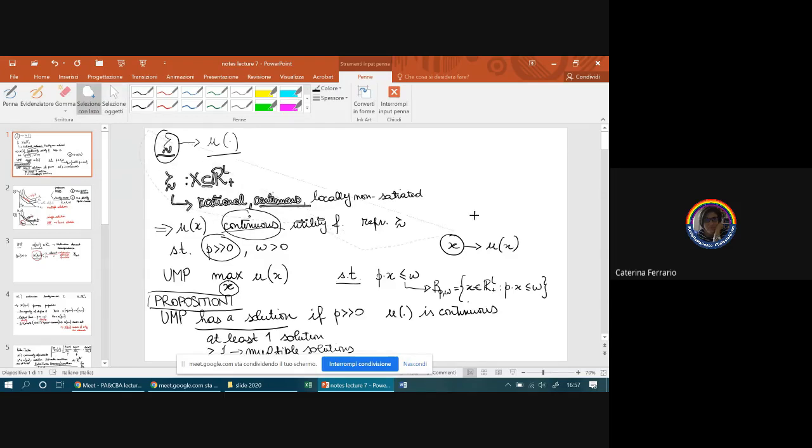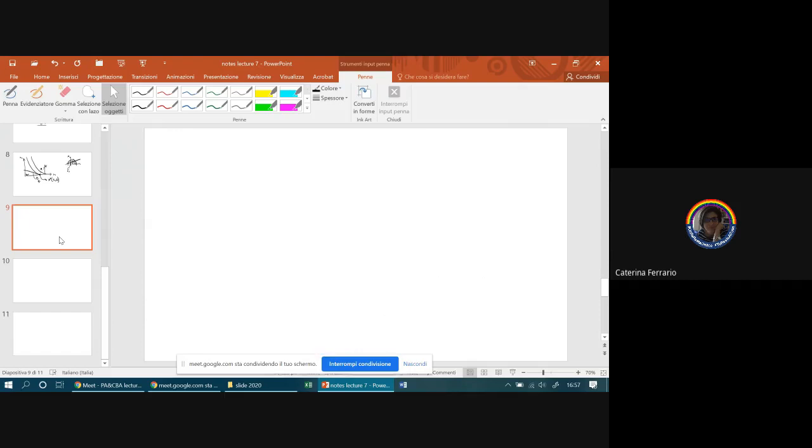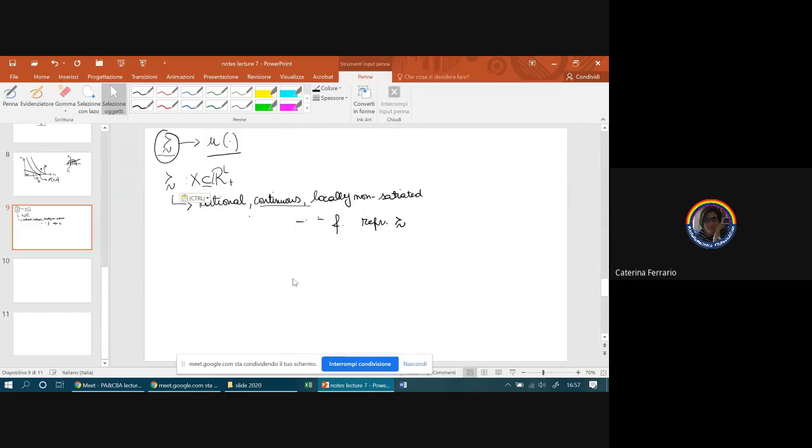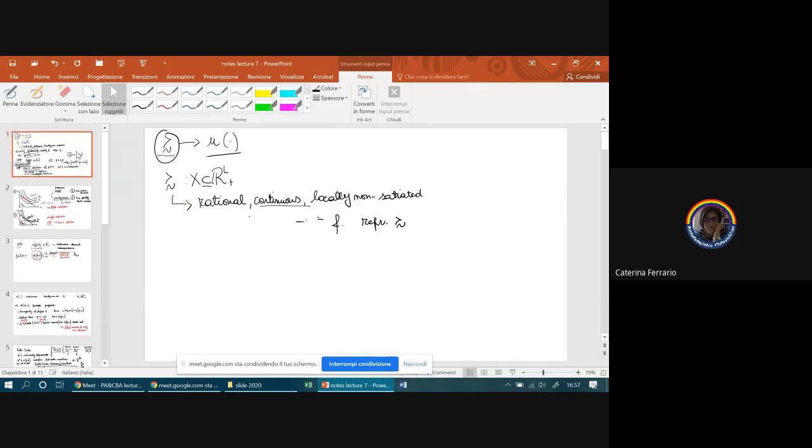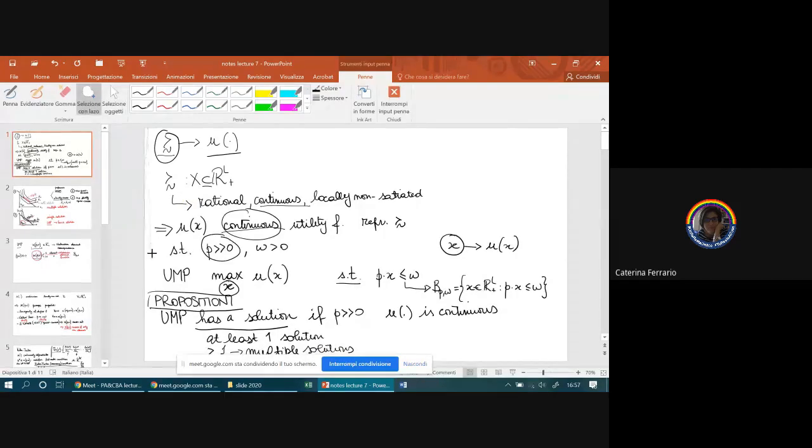Given these initial conditions, we defined the utility maximization problem.